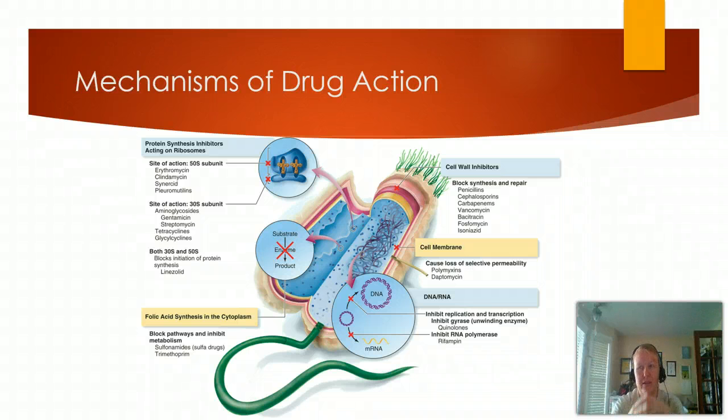But one of the things I want to point out is that ribosome. Remember, we have ribosomes too, and they look really similar, but they are just different enough that we can target the bacterial ribosomes instead of ours. So that's what's important about that. So take a moment if you need to pause this lecture and look through these different mechanisms of drug action.